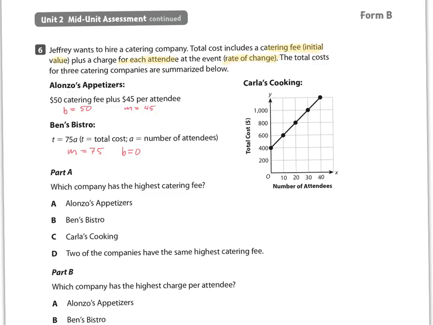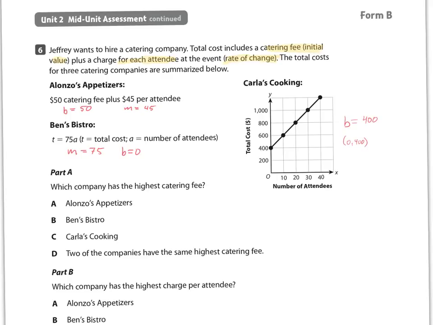And lastly, we're going to be paying attention to Carla's Cooking. And now this one, they're charging you an initial value of $400. So that's going to be your first number, 400. Now we also need to find the slope. So to find the slope, I'm going to choose 2 points. I'm going to choose this point and this point. So that's going to give me (0, 400).